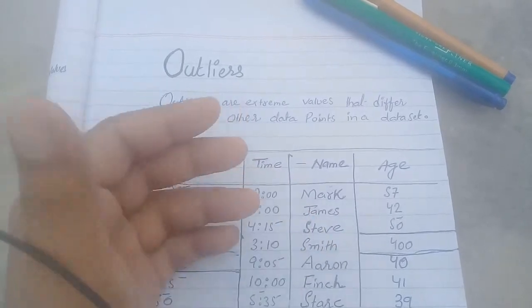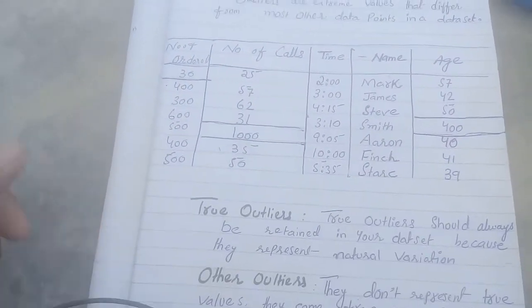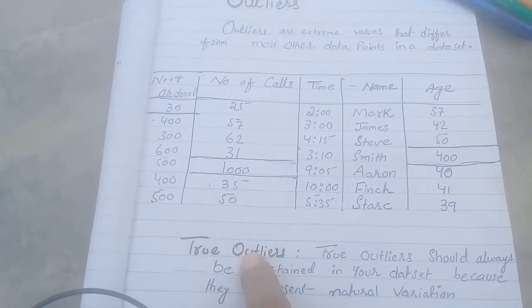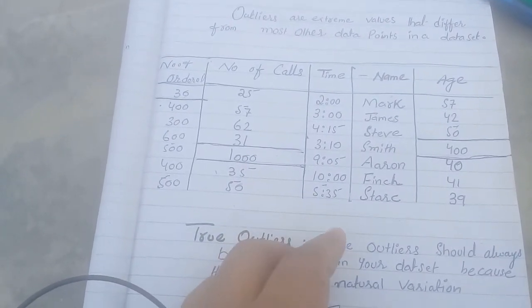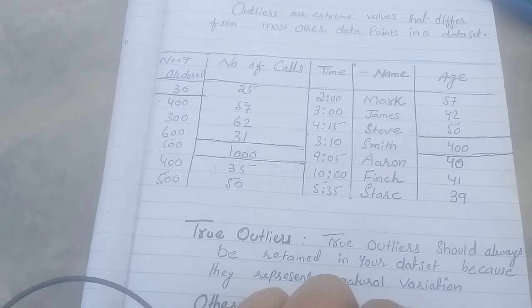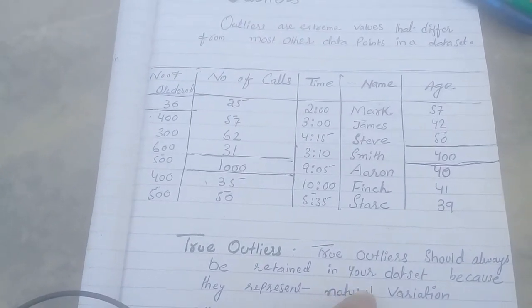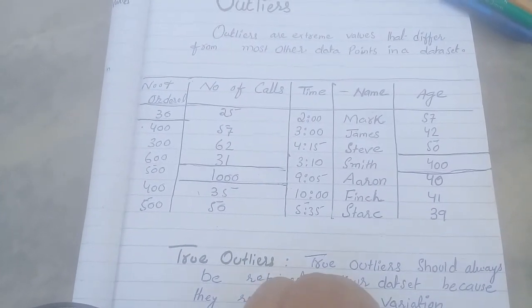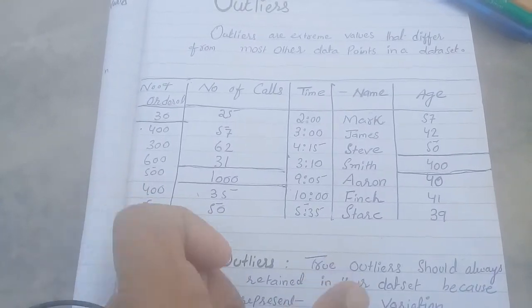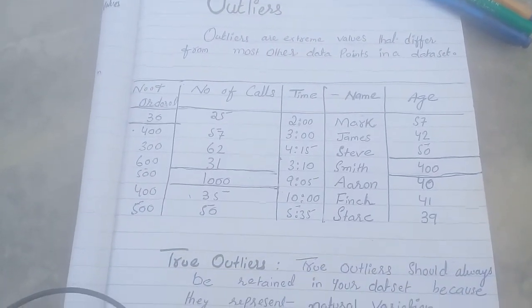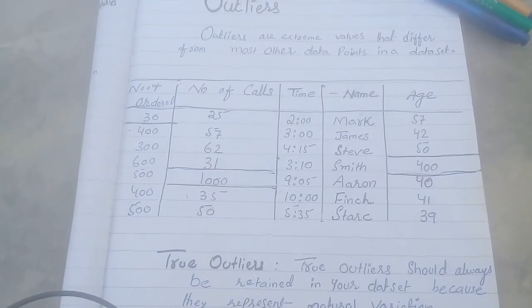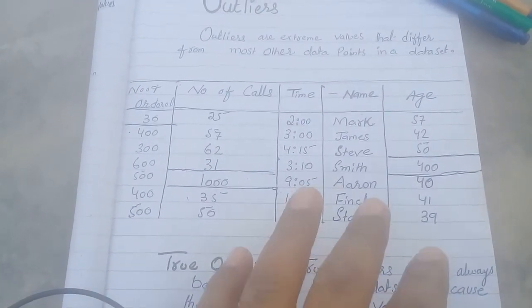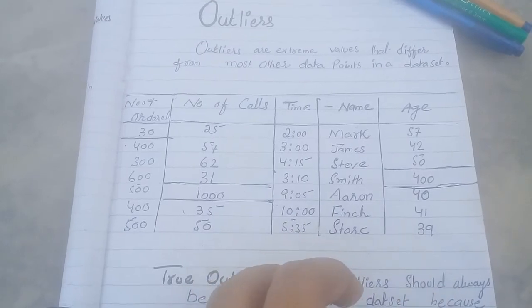Now there are two types of outliers. The first one is true outliers. These are outliers that represent natural variations. Whenever outliers represent natural variations, these kinds of outliers are known as true outliers, and you should retain them in your data set.